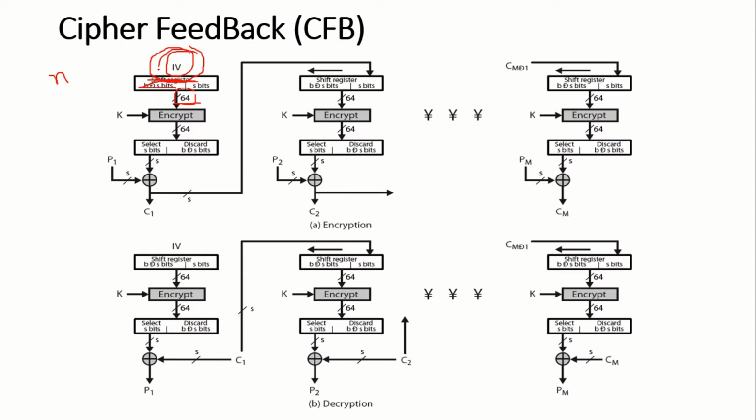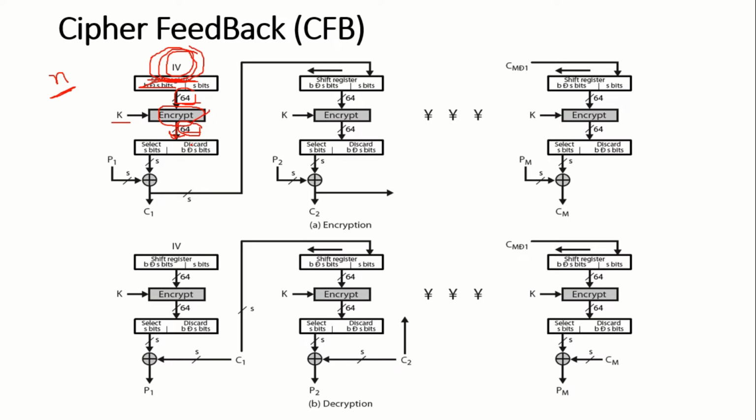Now this initialization vector, which we call the previous cipher block, will be encrypted using this key, and after encrypting it we will get a value which is 64-bit long, or n-bit long if we talk about the generalized version.